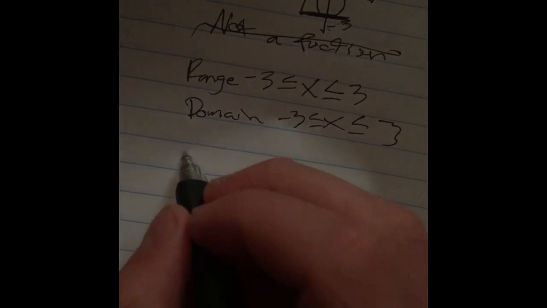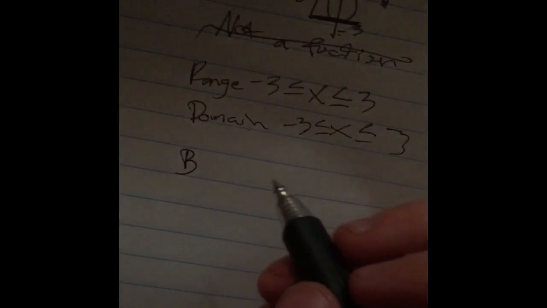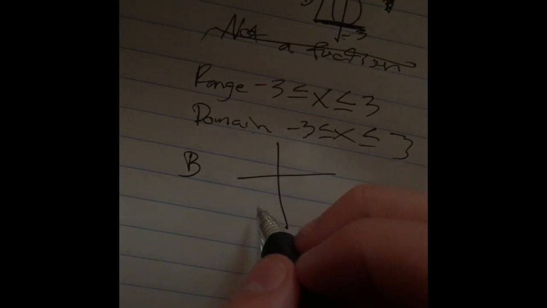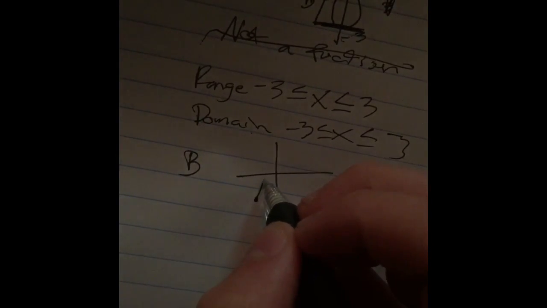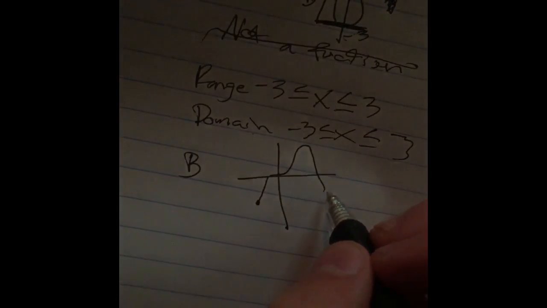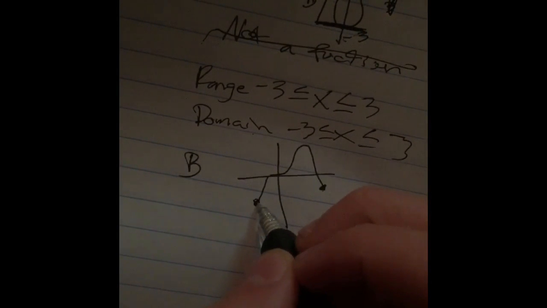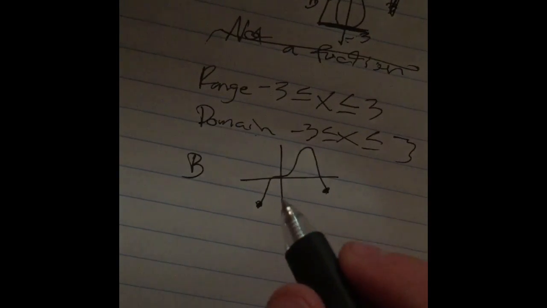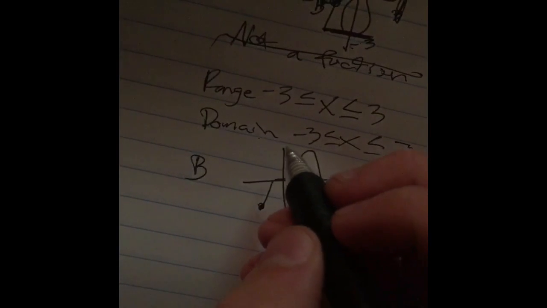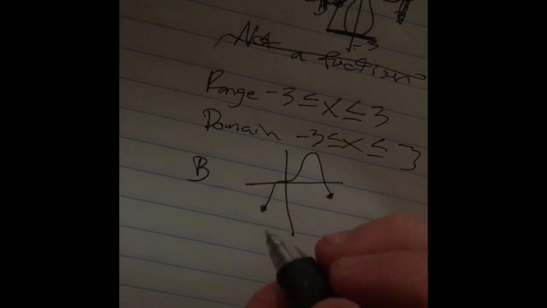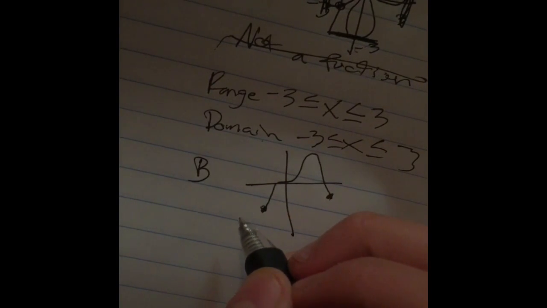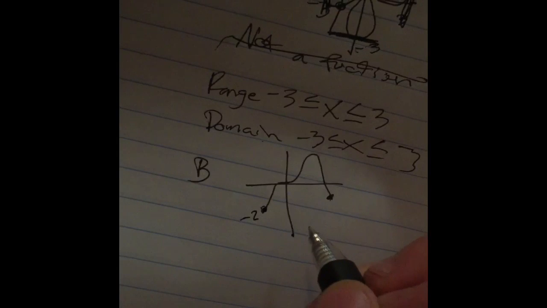And moving on to B now. Our graph looks a little more like this. For this one, this right here is about -2.